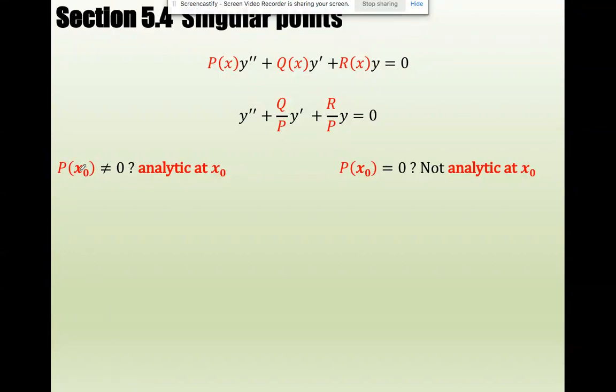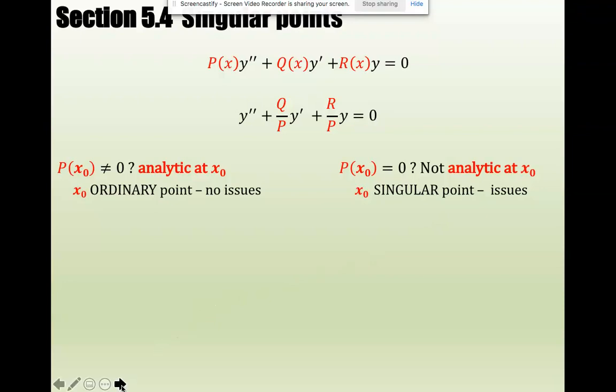If I plug in any x and I don't get 0, I say I'm analytic there. If I plug in an x and I get 0, I am not analytic there. If you are analytic, the point is ordinary, no issues. If it is singular, issues. So I keep saying issues. What do I mean by issues? How bad is my issue?